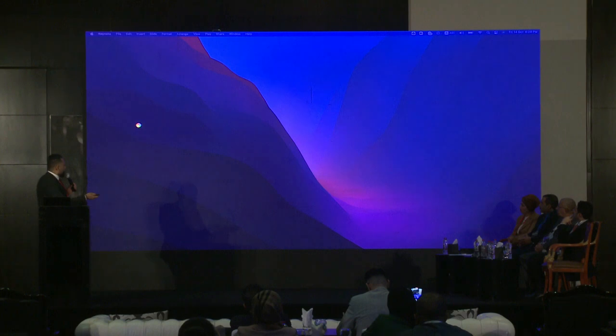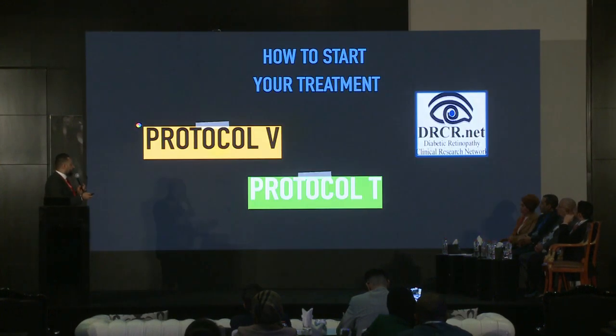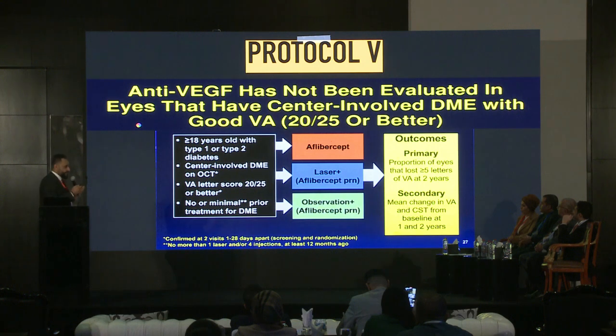Then we have two protocols that guide us in management, protocol V and protocol T, from DRCR.net. In protocol V, they say if you have a patient with a good initial presentation, 6/9 or better, whatever you do, anti-VEGF, laser, or observation, gives the same result after follow-up of the patient.